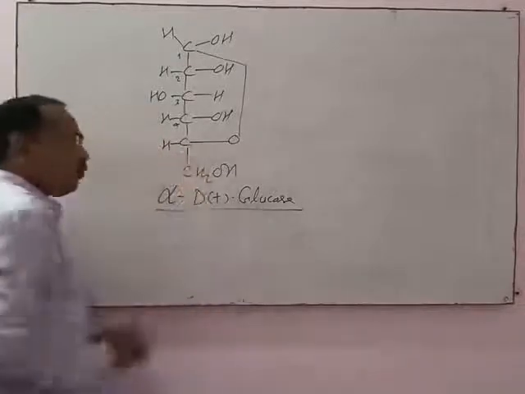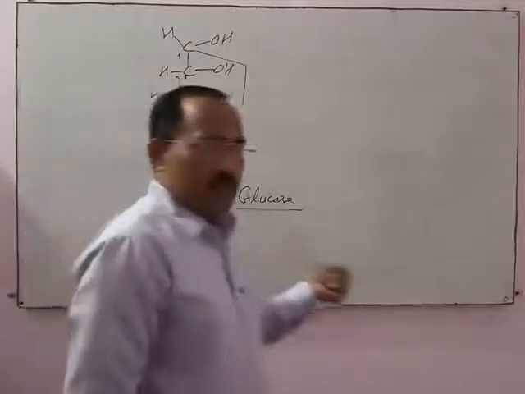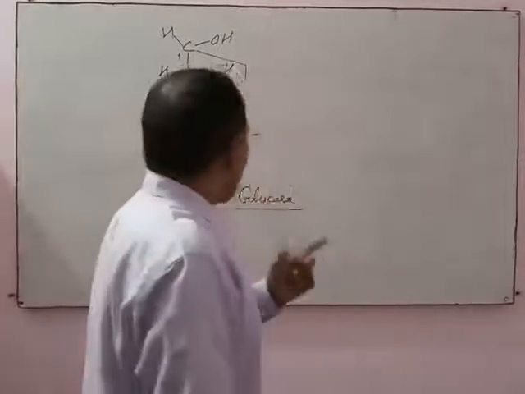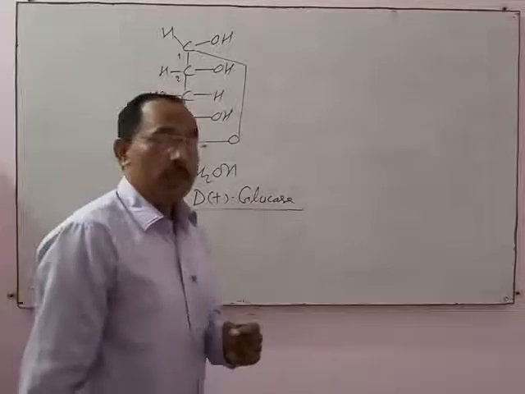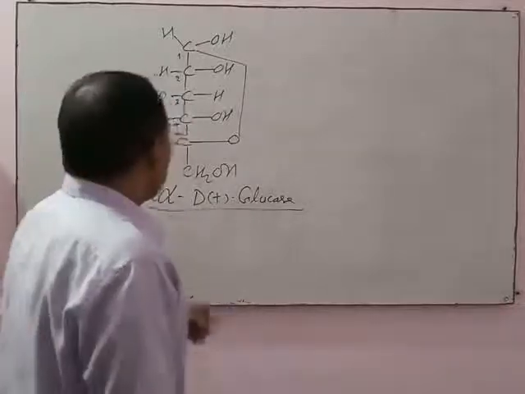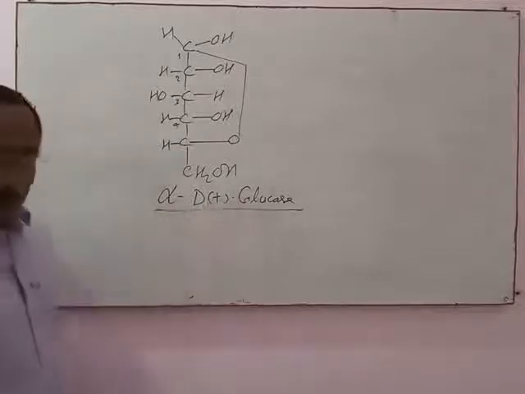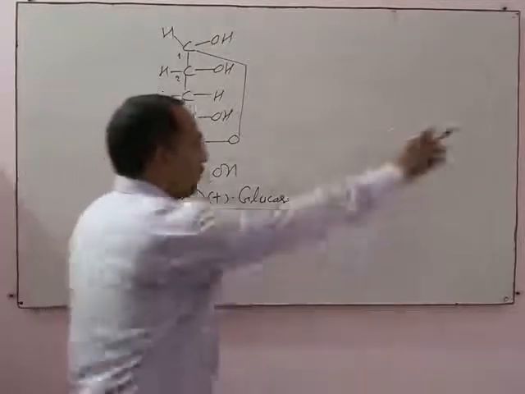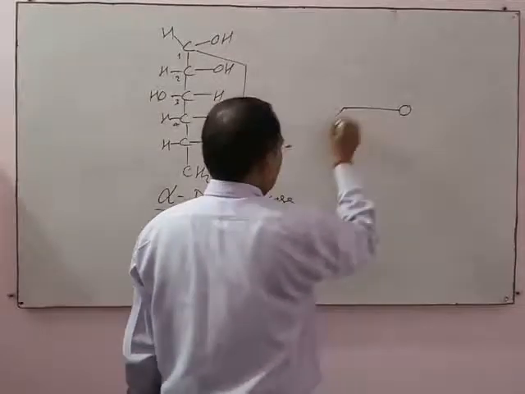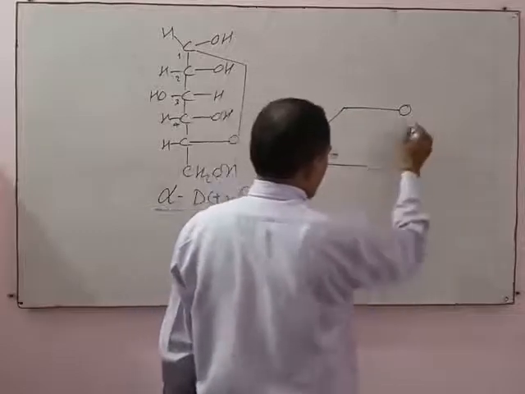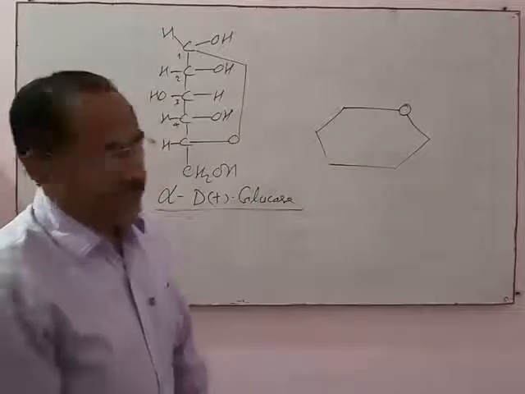This Fischer projection formula may also be written as the pyranose form, or you can say Haworth projection formula. When a Fischer projection formula is converted to Haworth projection formula, first of all, draw the structure of the pyranose ring. This is the pyran ring.